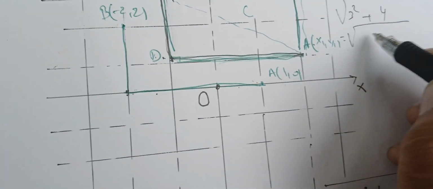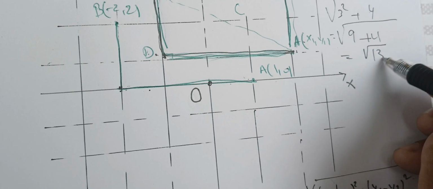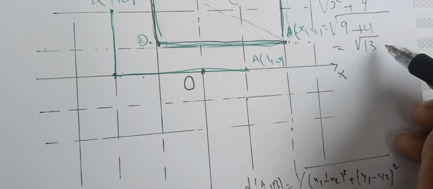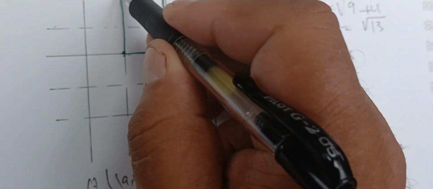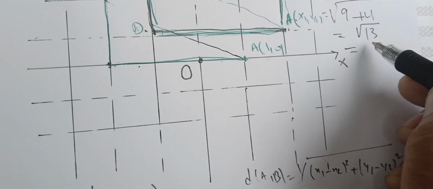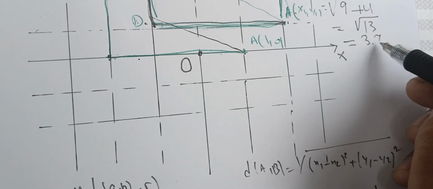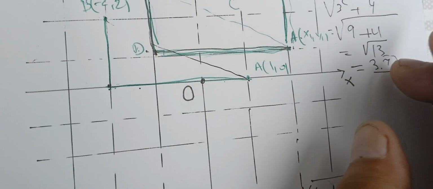So the distance is the square root of 9 plus 4, which is the square root of 13. In this case, this is 3 point something, I think 3.7. It's less.